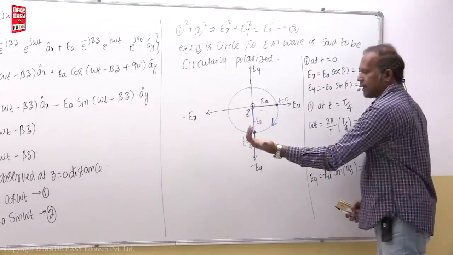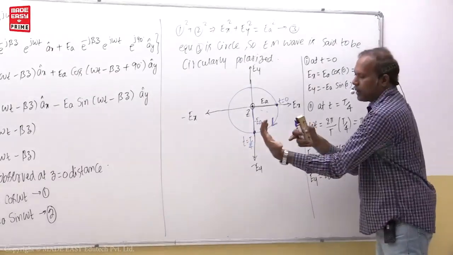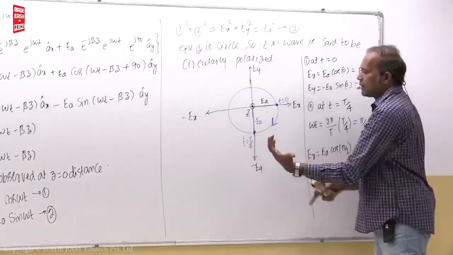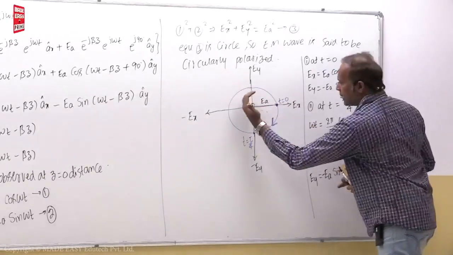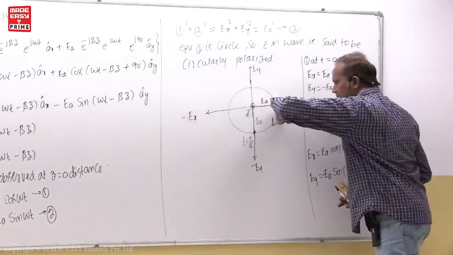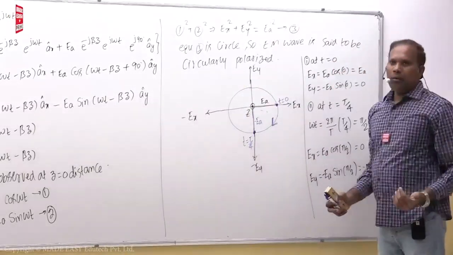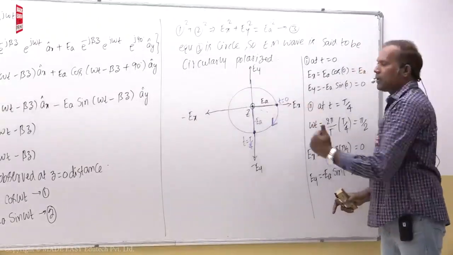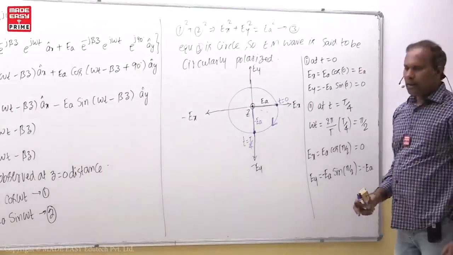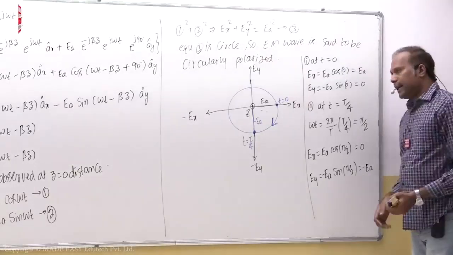Now take the left hand. Put the left hand thumb in the wave propagation direction, that is the positive Z direction. Now these closed fingers are in the time increase direction, like this. This diagram matches with the left hand, so that is why it is left circular polarization. So I am going to write the statement there.